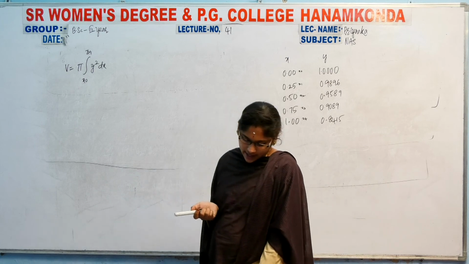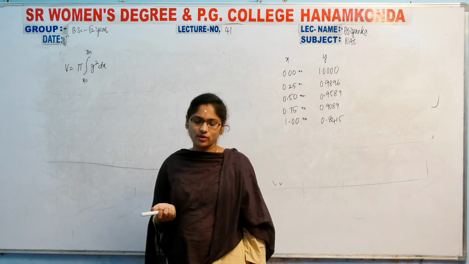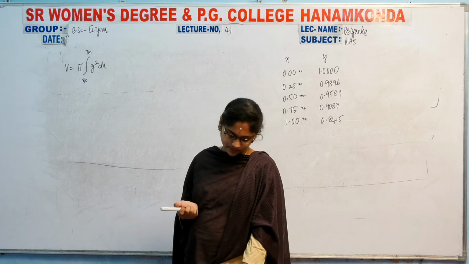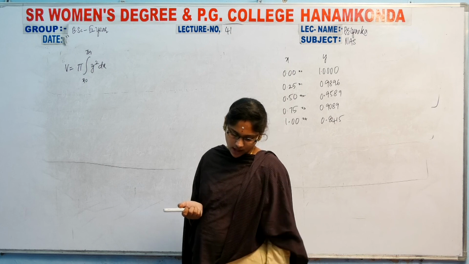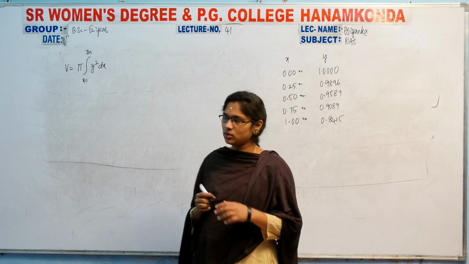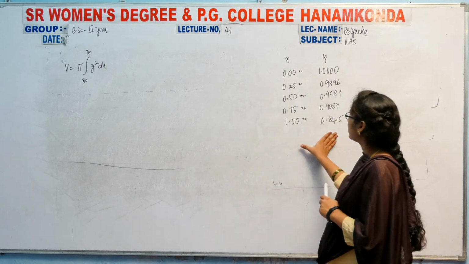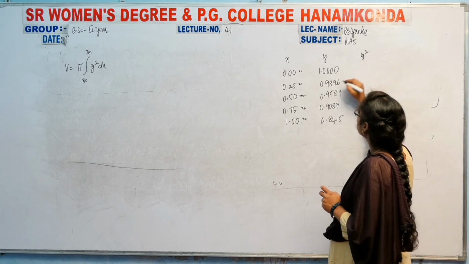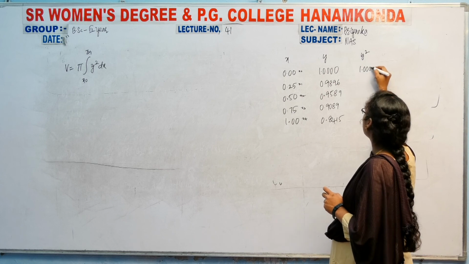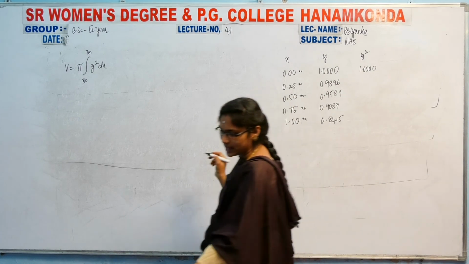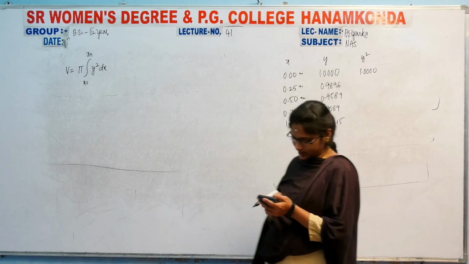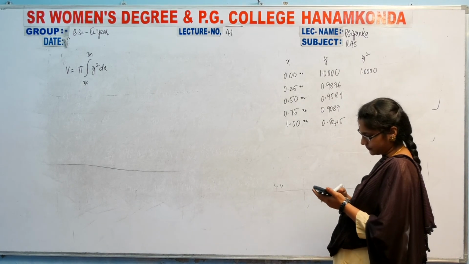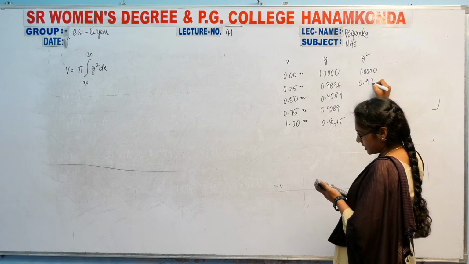Now write it. Here we need the values of y square. Take the table like this: x, y, and next y square. 1 square is obviously 1. Next, take the calculator: 0.9896 square is 0.9793.